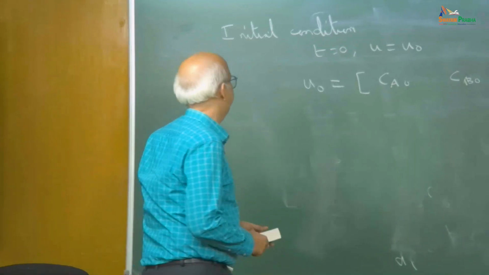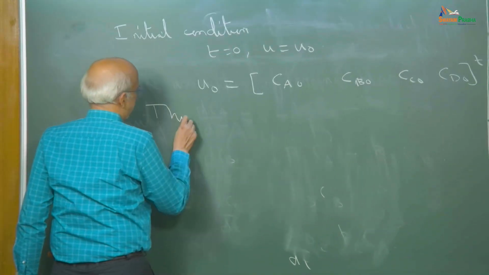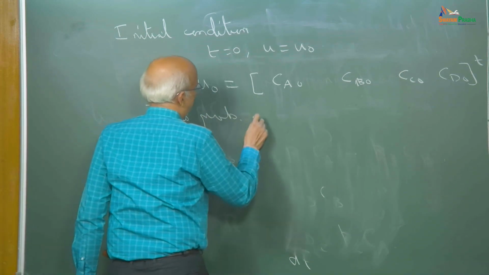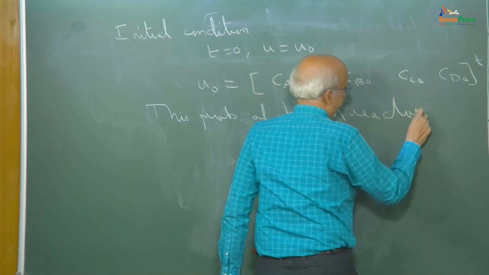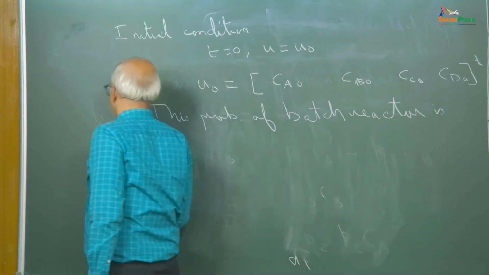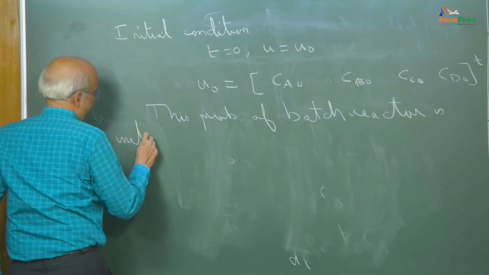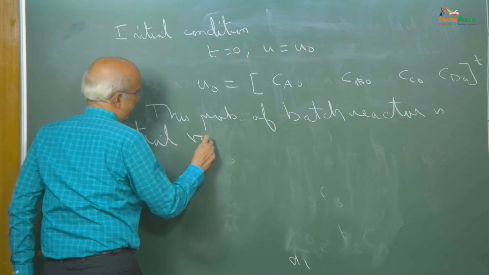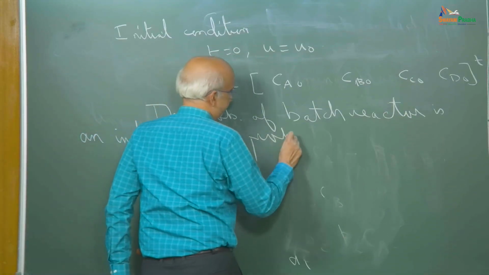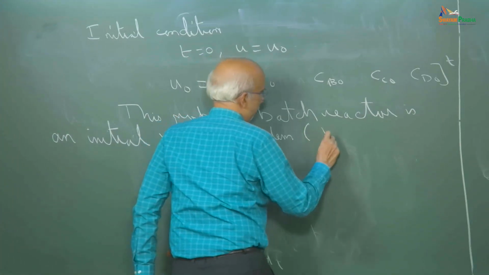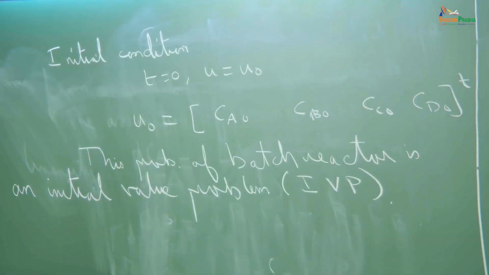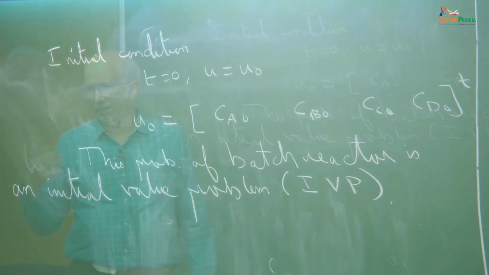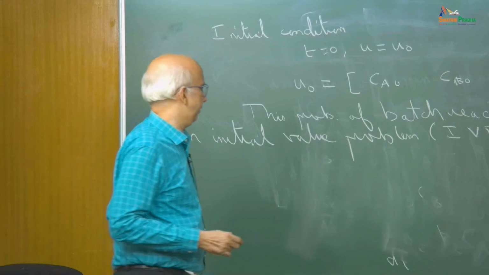So basically what I am saying here is, this problem of this batch reactor is an initial value problem, or I call this IVP. Here IVP means all the variables are specified at the same time instant.